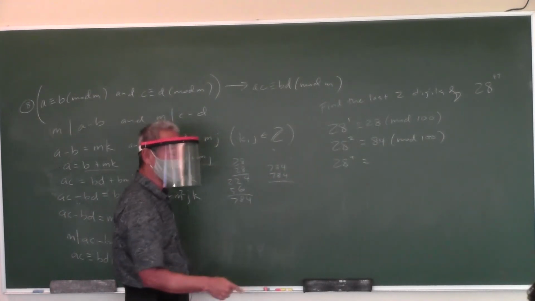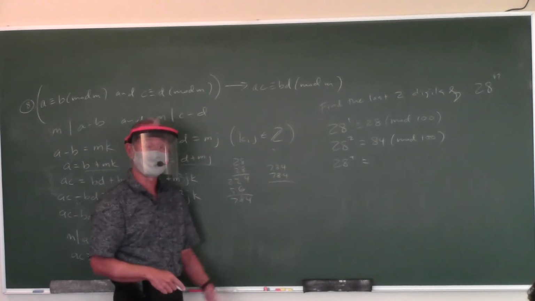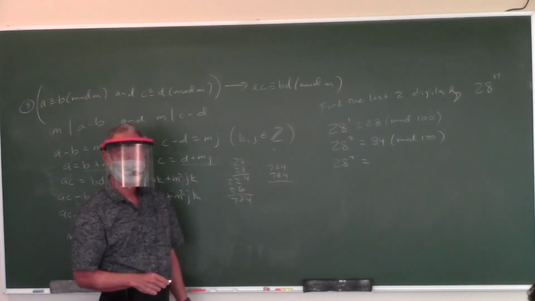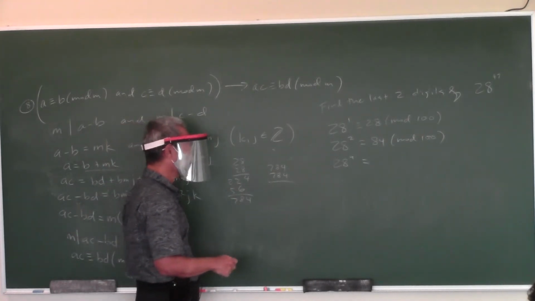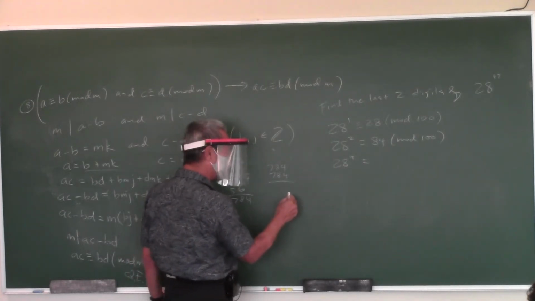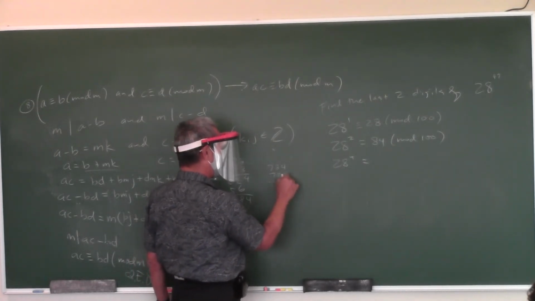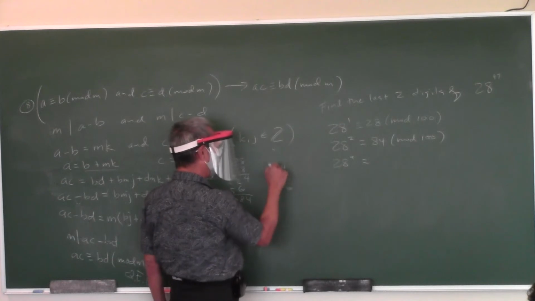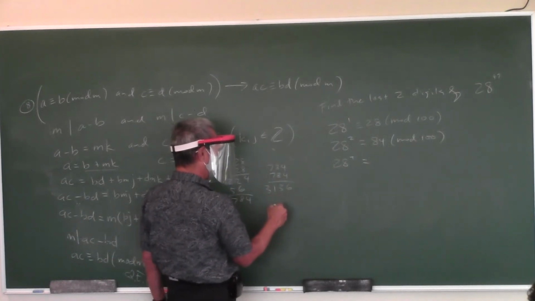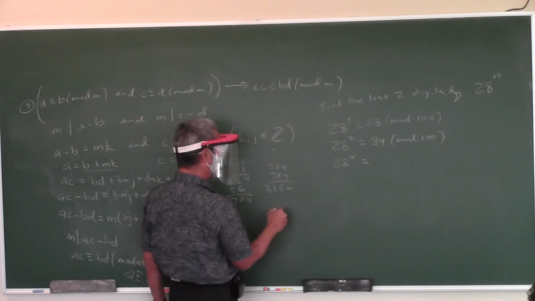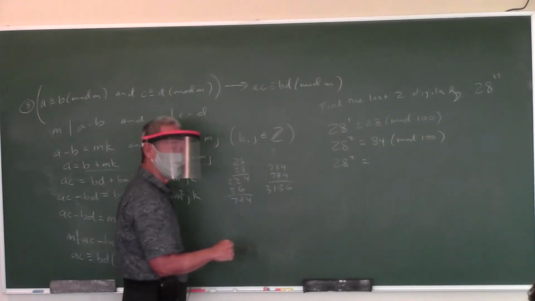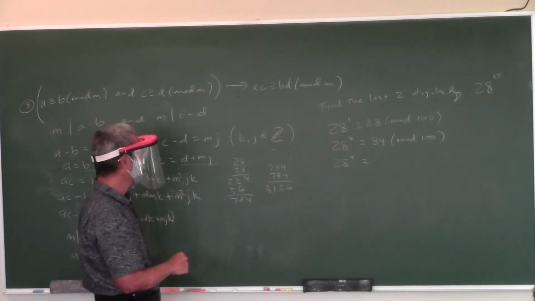Or you're gonna cheat and use a calculator? Do you want me to let you use a calculator on this problem? There's still only the last two digits anyways, right?